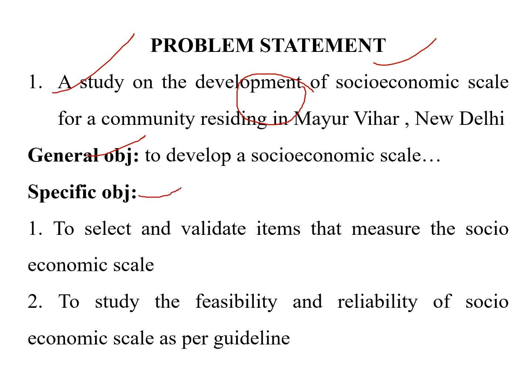For the specific objectives, we again break it down. First, to select and validate the items that will measure socioeconomic status. Second, to study the feasibility and reliability of the socioeconomic scale as per guidelines. These are the specific objectives.